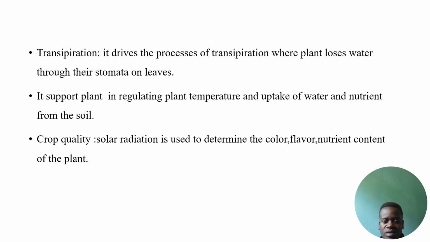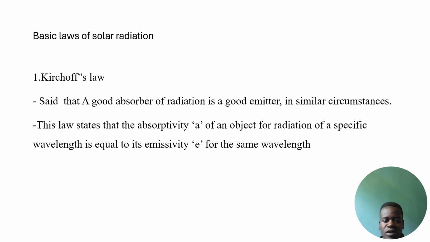We can say crop quality. Solar radiation has a great role and is used to determine the color and nutrients contained in the plant. Then we have different laws that are related to solar radiation.